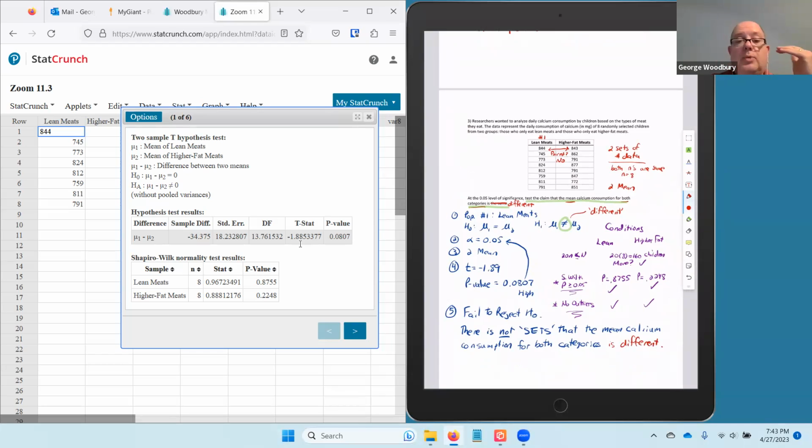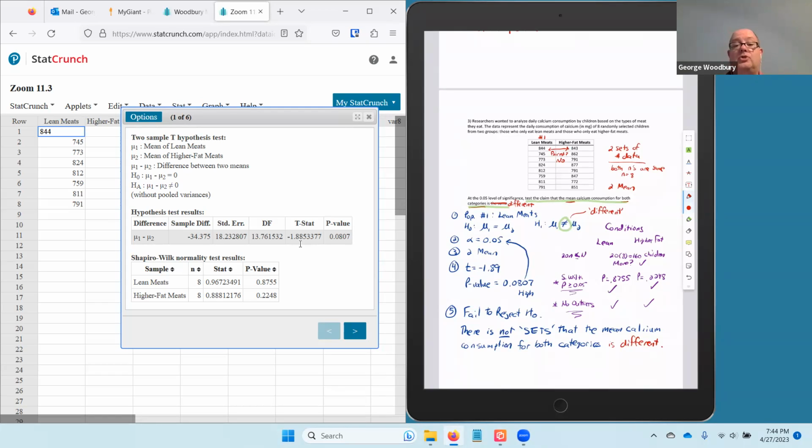Now, in the homework, the activity for 11.2, there are actually two times that happened, in problems 2 and 3. H1 was not equal to, and so your conclusion had to be about two things being different from each other rather than being the same as each other.